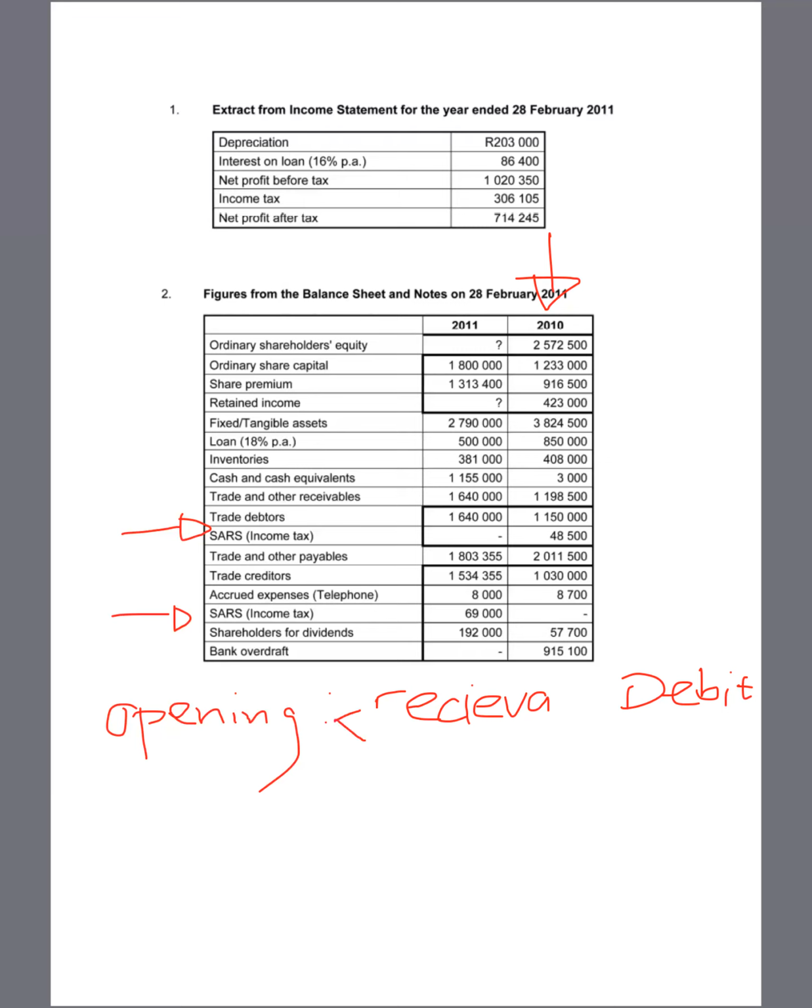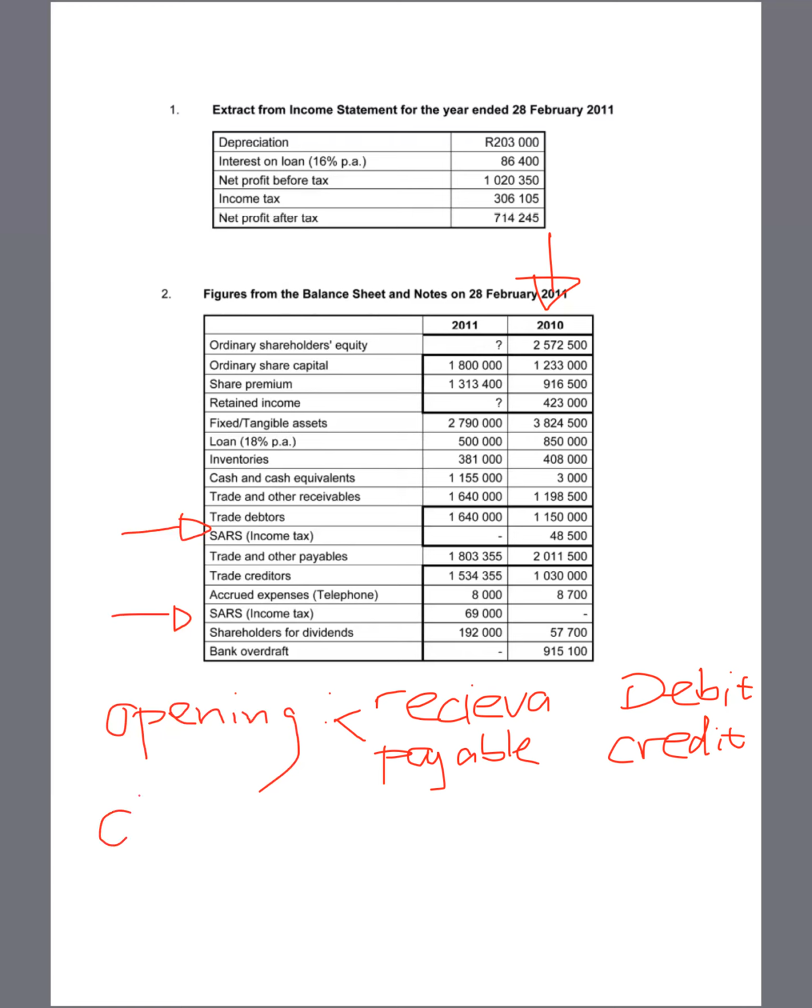But if my opening balance is under trade and other payables, we credit. Right? Yeah. Are you still with me? Yes.